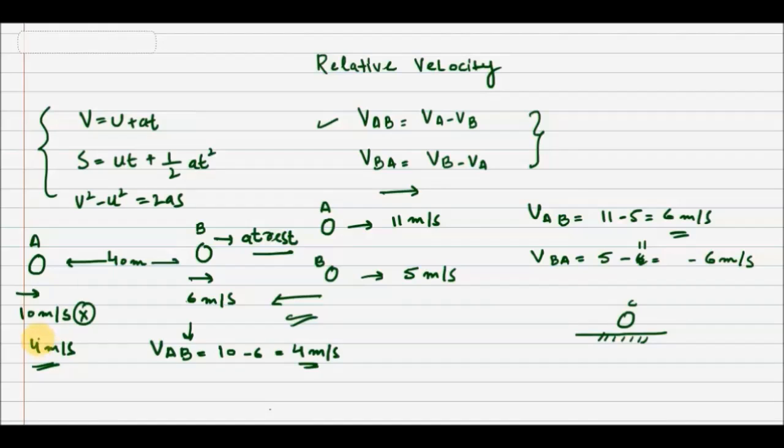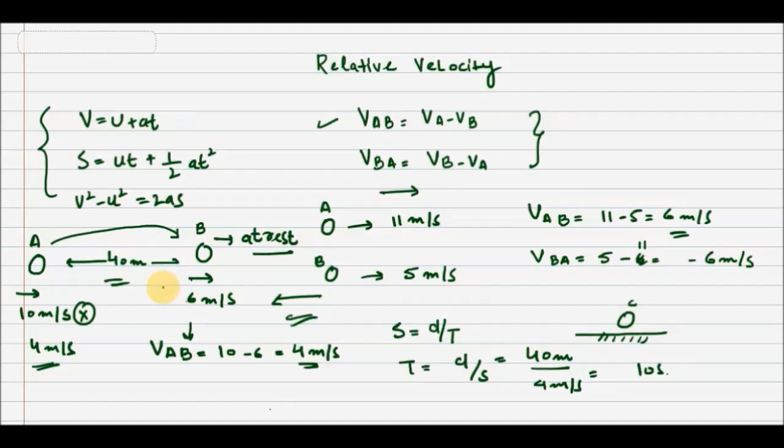If A is moving with 4 meters per second, what will be the time taken by person A in traveling 40 meters? Speed is equal to distance by time, so time is equal to distance by speed. The distance is 40 meters and the speed is 4 meters per second, so the time taken will be simply 10 seconds. So after 10 seconds, A will finally meet B.